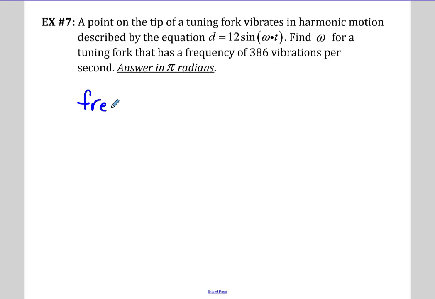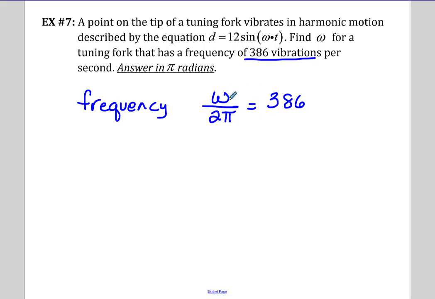So we know that the frequency is omega over 2 pi, and they told us the frequency was 386 vibrations per second. So if we want to know omega, then omega is 772 pi vibrations per second if we're answering in radians.